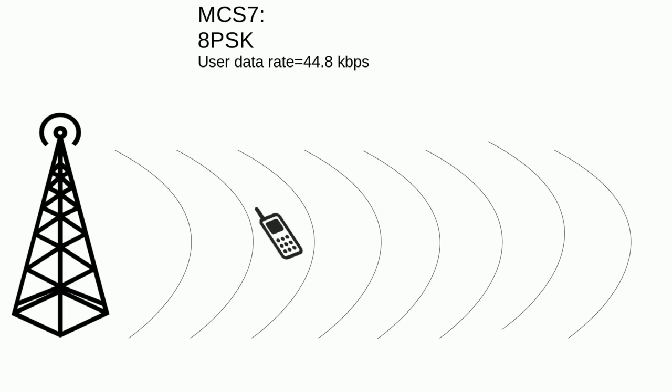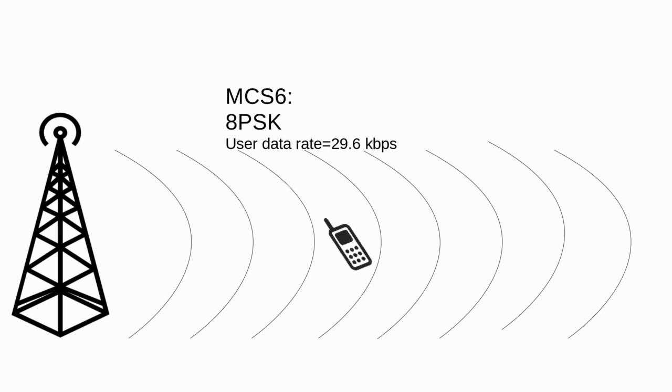Now as we move further away, we are using MCS 7, and MCS 7 still uses 8 PSK. This means that here we are using more bits for the error correction, and the user data rate decreases to 44.8 kbps.